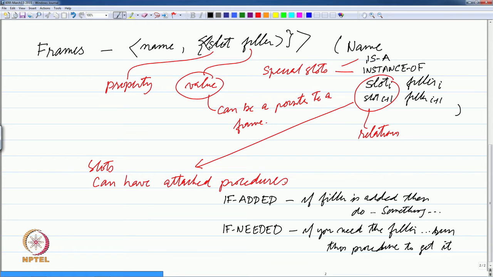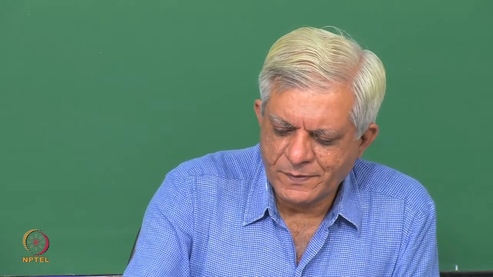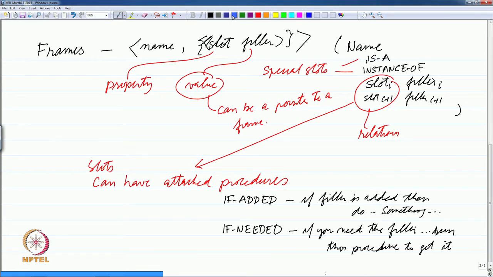Again, we will see in an example that maybe you have constructed some frames, and then at the end of it you want to do some computation, and that computation, for example, could be a value, and this if needed procedure would be used to compute those values essentially.